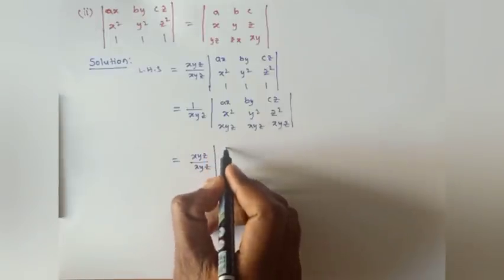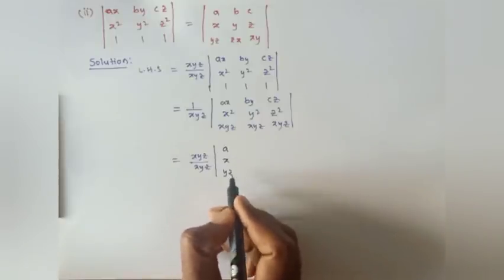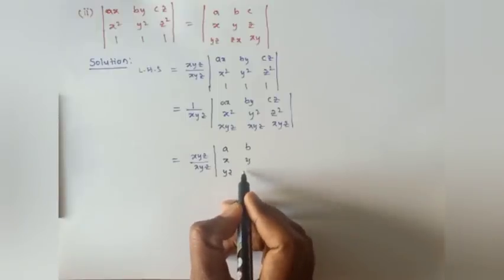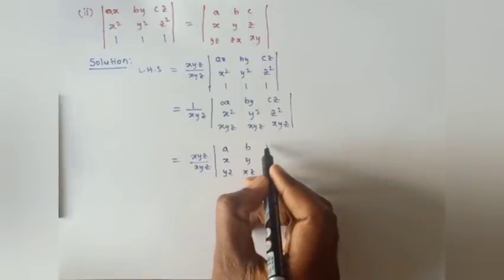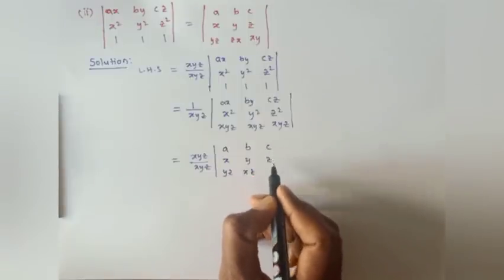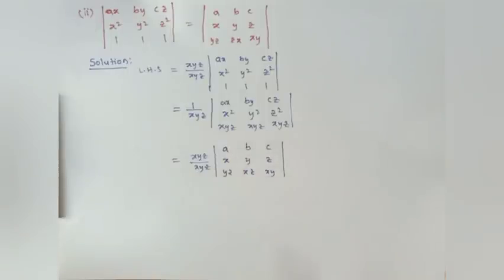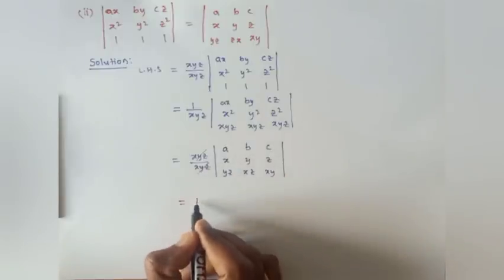The first column is a, x, y, z, the second is b, y, then x, z, next it is c, z, x, y. Now x, y, z and x, y, z get cancelled. Therefore this is our RHS.